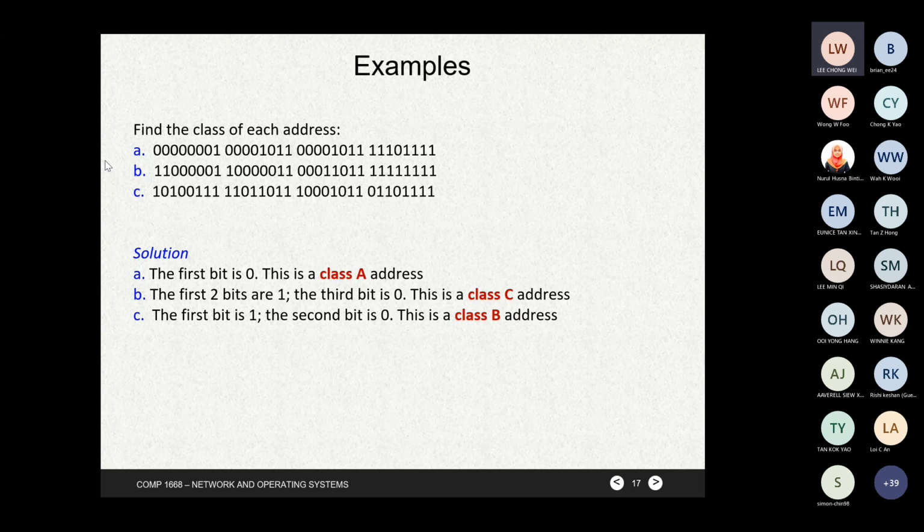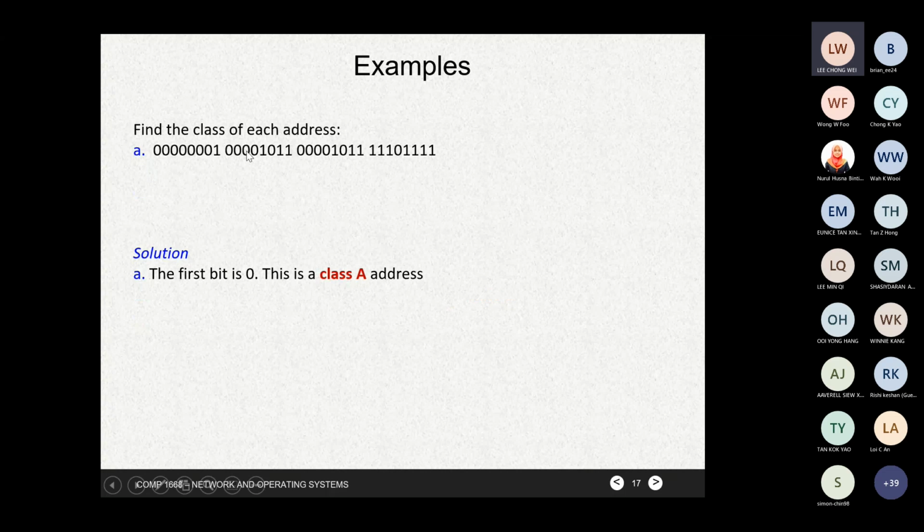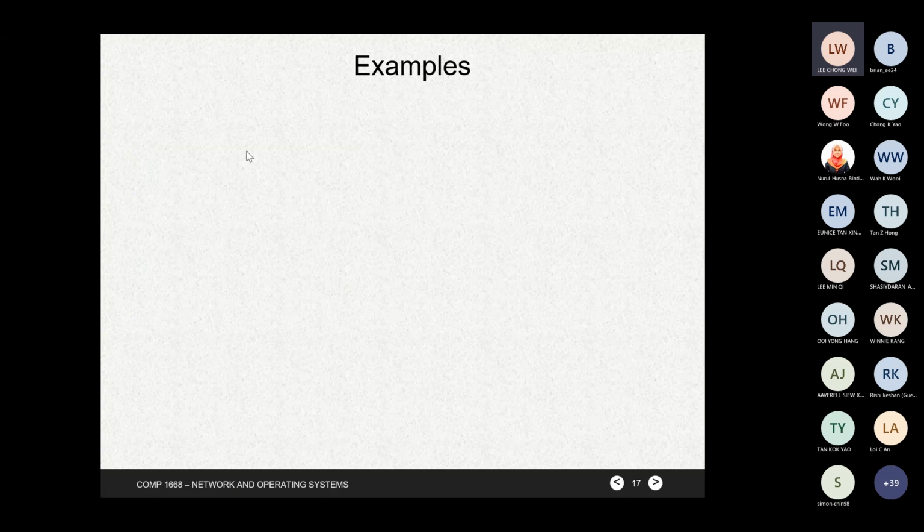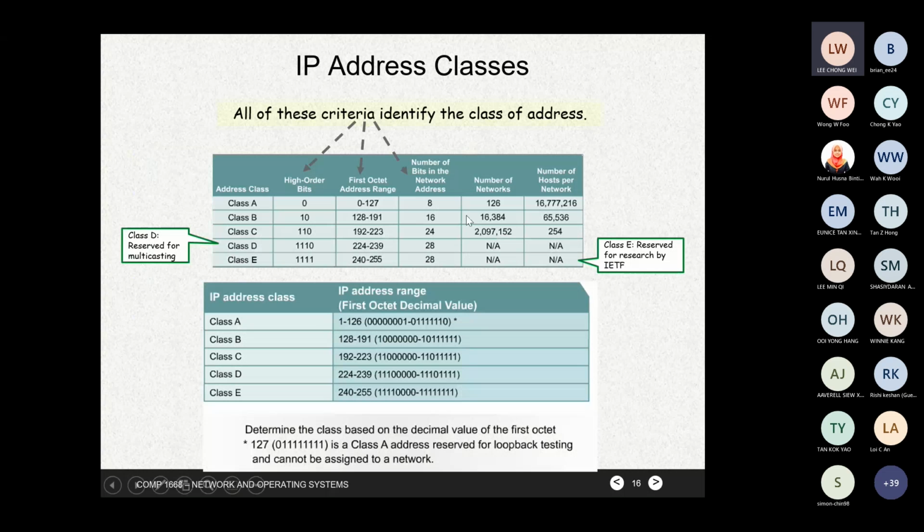But when you see the IP address, normally you will see the range. You don't see the IP address in bits. You will see the IP address like this. So when you see the IP address in this decimal format, you know whether they are class A, B, or C quite easily.